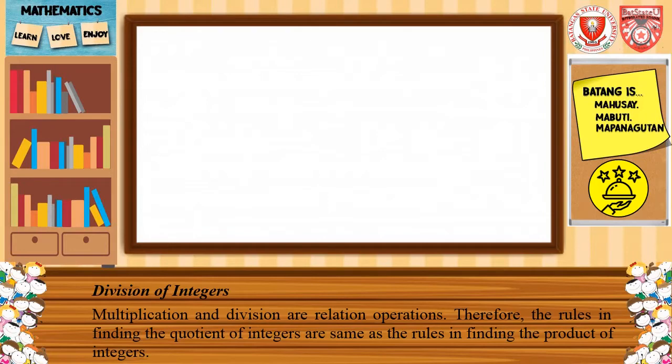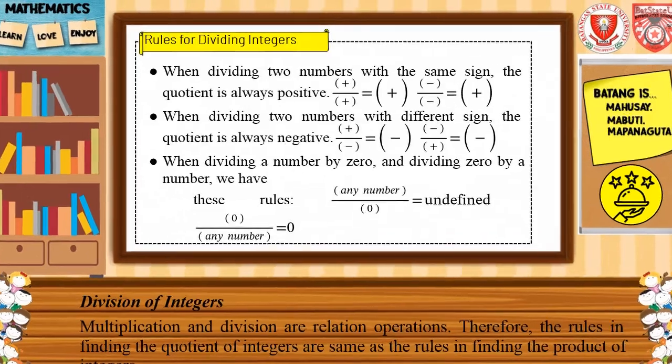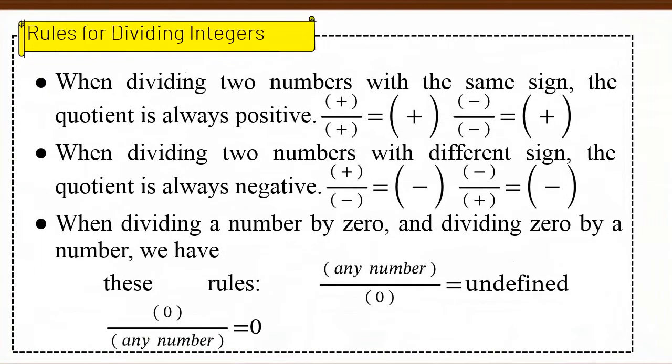Division of integers. Multiplication and division are related operations. Therefore, the rules in finding the quotient of integers are the same as the rules in finding the product of integers. Here are the rules for dividing integers. When dividing two numbers with the same sign, the quotient is always positive.